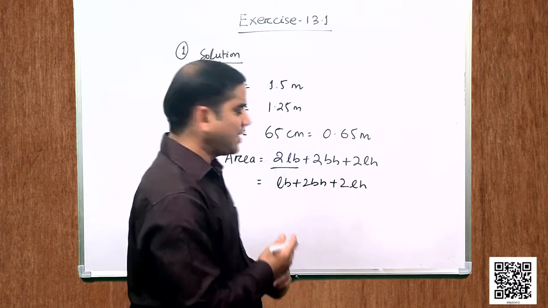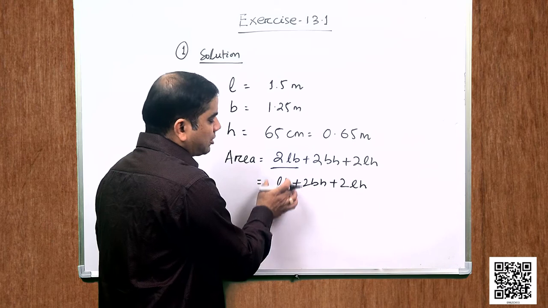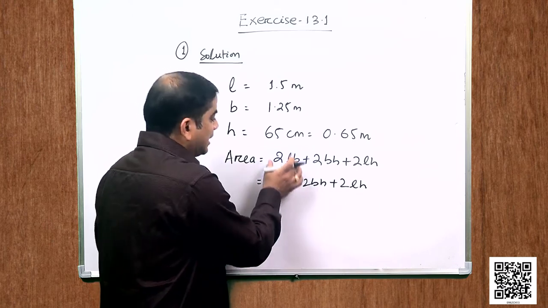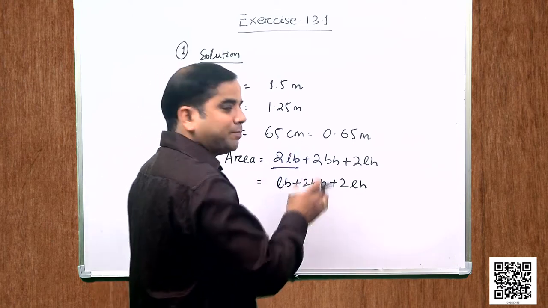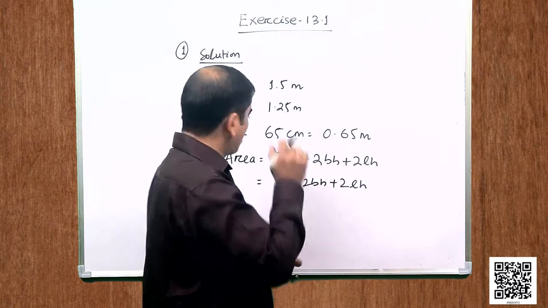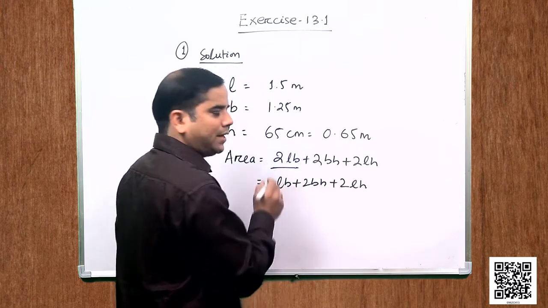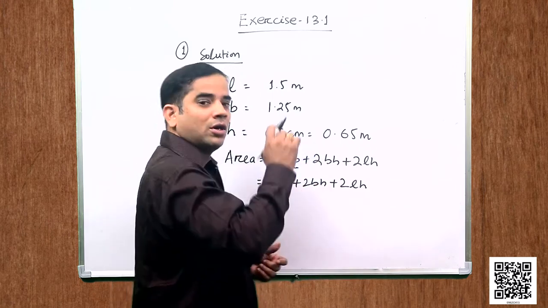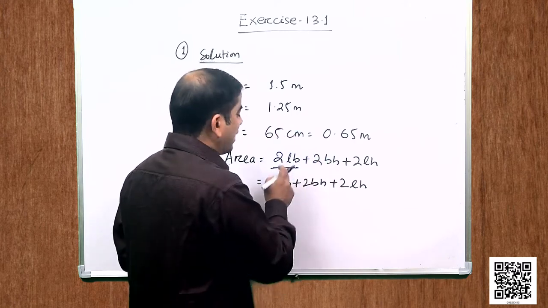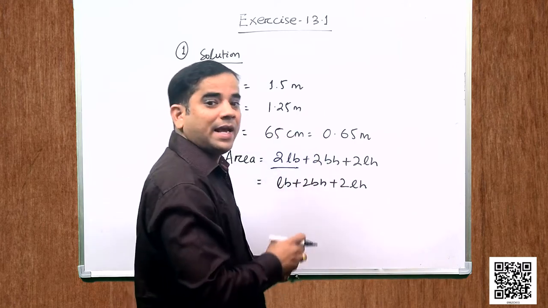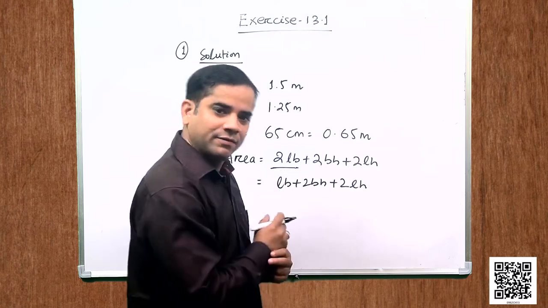Hope you understand this concept, because length into breadth is for the bottom and the top, that is why it is 2LB, but in this case as the top is open, we have to exclude one of the surfaces. Fine.